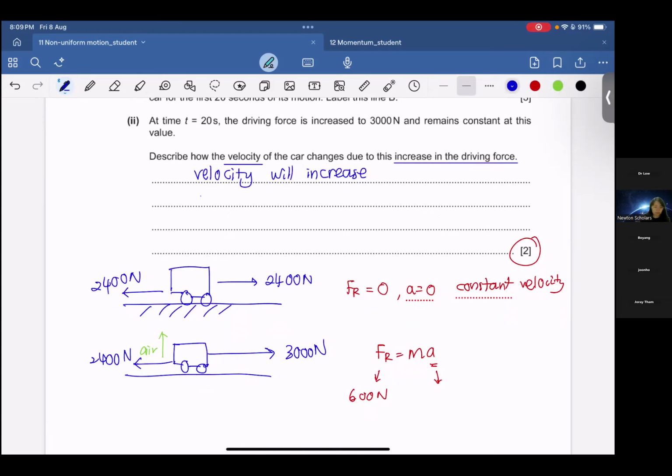Until a certain moment, we will reach another maximum velocity, another maximum constant velocity.